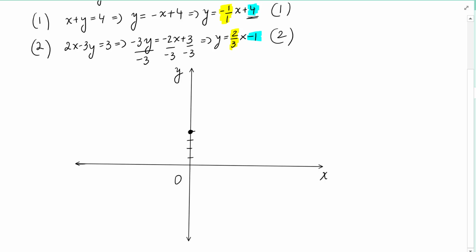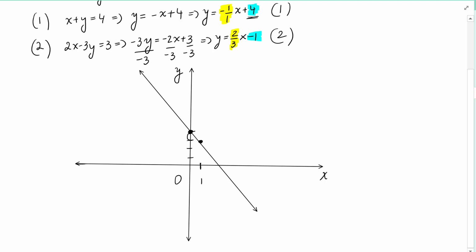Then, because the slope is negative 1 over 1, we go down 1 unit and over to the right 1 unit. So this is the second point. Now let's graph a line through these 2 points. So this is my first line.